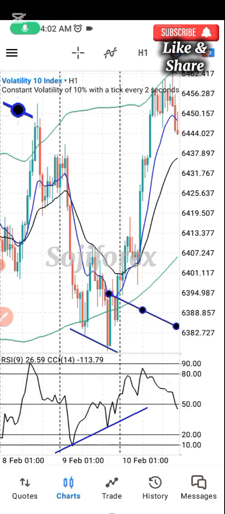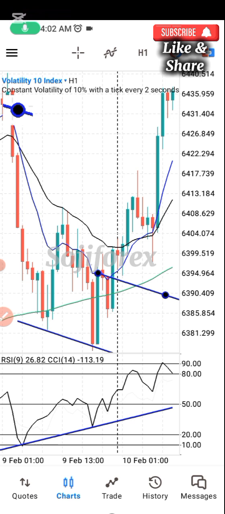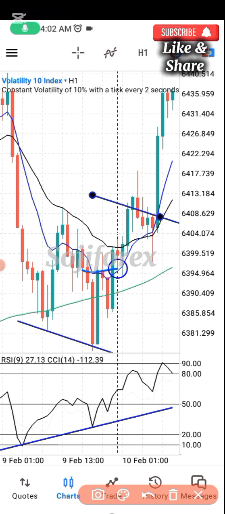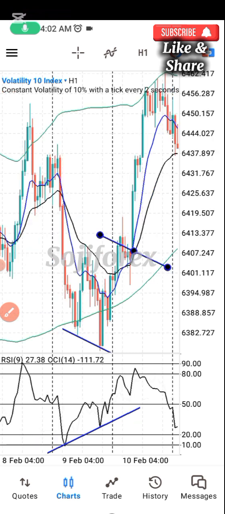A bullish engulfing candle. You can see that particular candle. This bullish engulfing candle becomes our entry point. So you will buy here, and then your stop loss is here. And it is a push all the way to the upside.